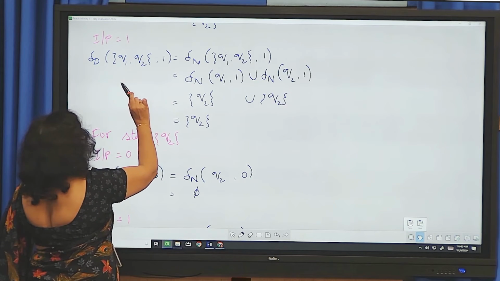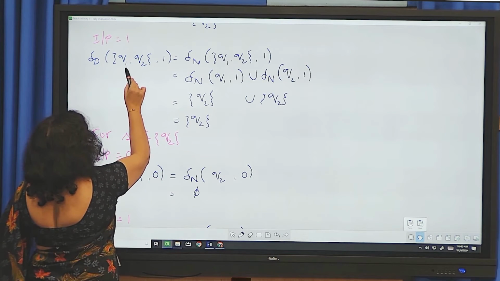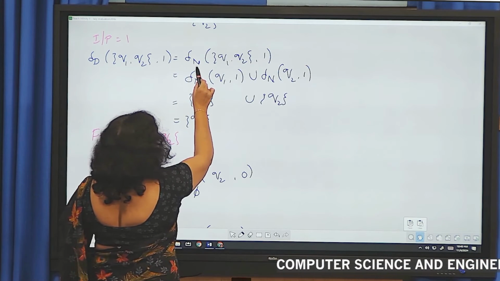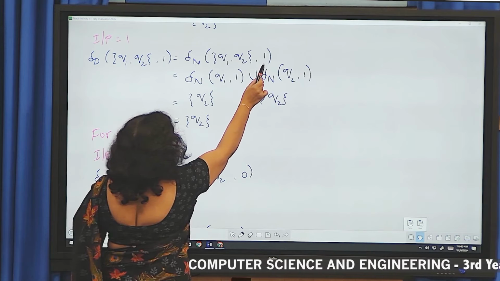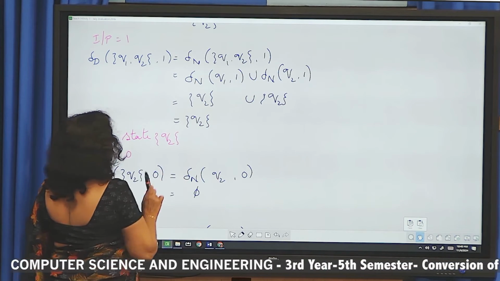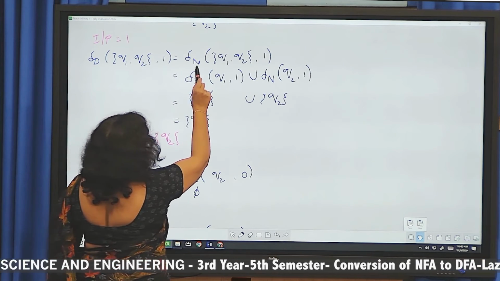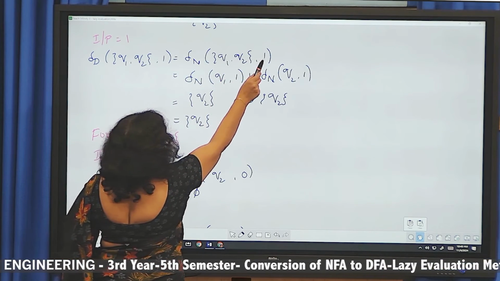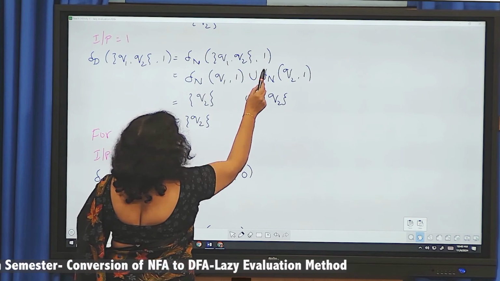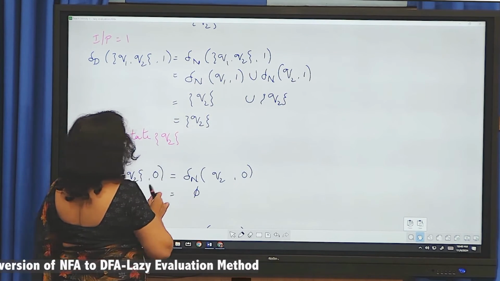Now we will have to apply the input 1. The same process, delta D of Q1, Q2 on 1 equal to delta N of Q1, Q2 on 1. Split this transition function. This is equal to delta N of Q1 on 1 union delta N of Q2 on 1.